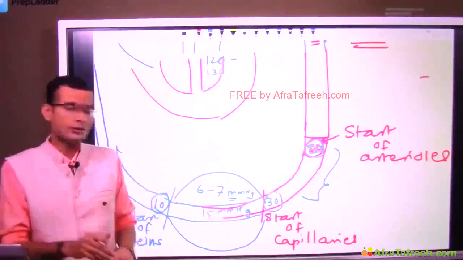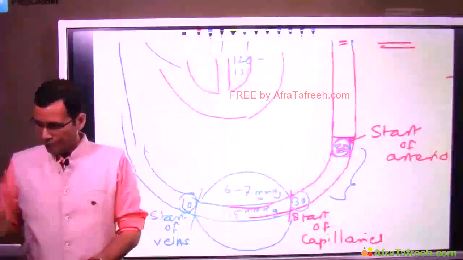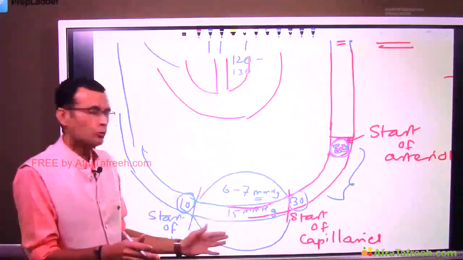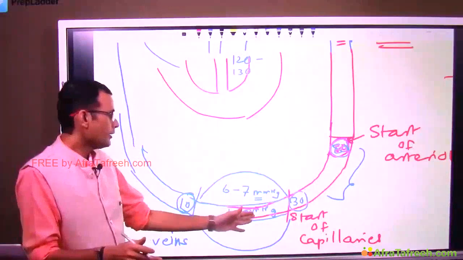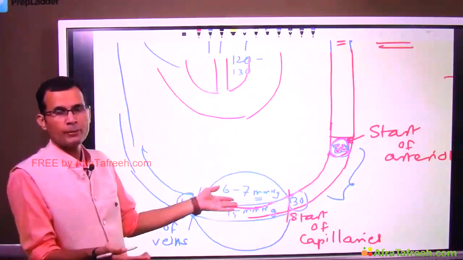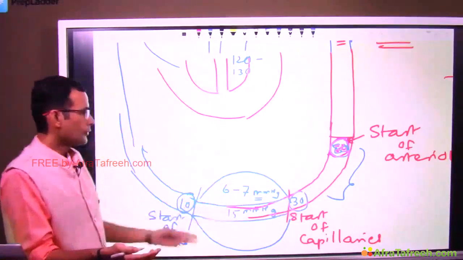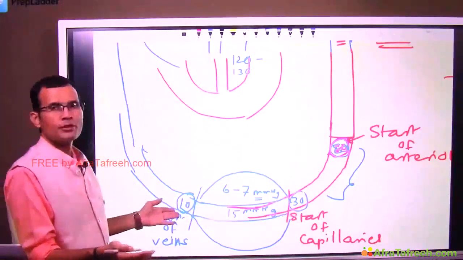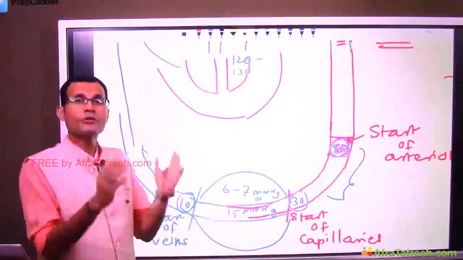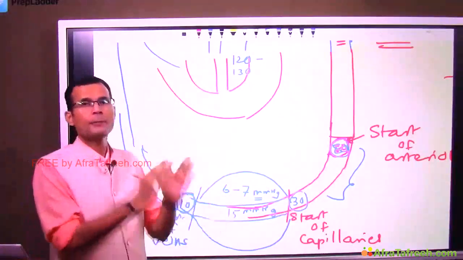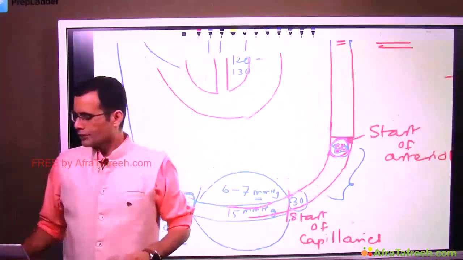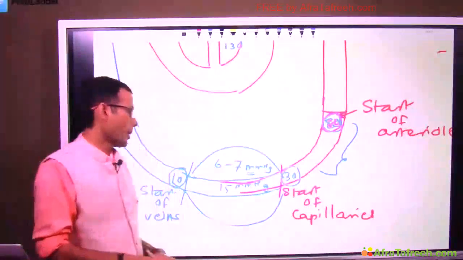If the capillaries need to have blood flow through them, then the pressure will have to be greater than 6 to 7 mm of Hg. So by the end of the capillaries the pressure is 10 mm of Hg, higher than the tissue pressure, and that's what drives the circulation through the capillaries. So that's one point which you must understand, why we need the capillary pressure.